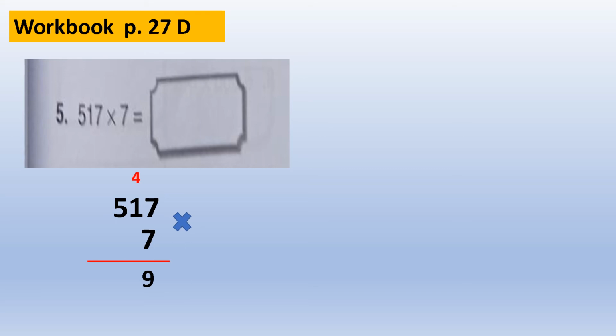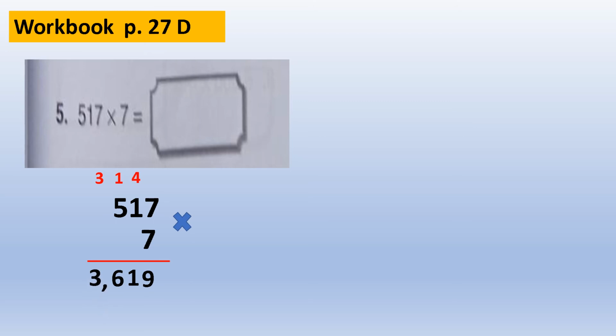And then 1 times 7 is 7 plus 4 is 11. But you write only 1 and then carry over 1 to the next place. And then 5 times 7 is 35 plus 1 is 36. You write only 6, carry over 3. There's no more digit for the thousand, so just bring down 3.